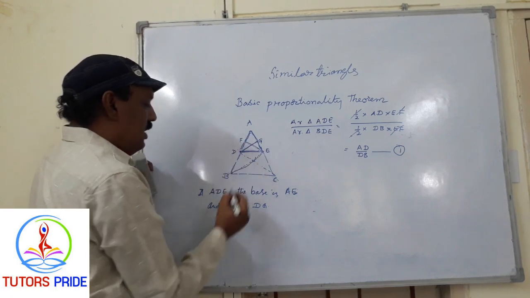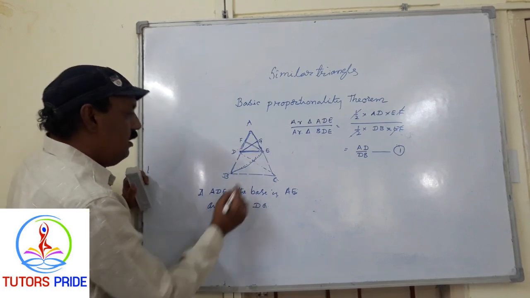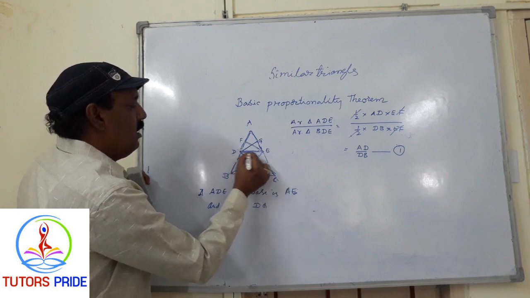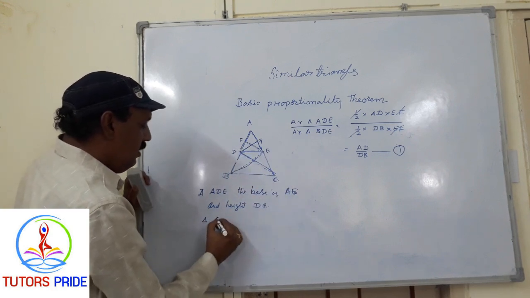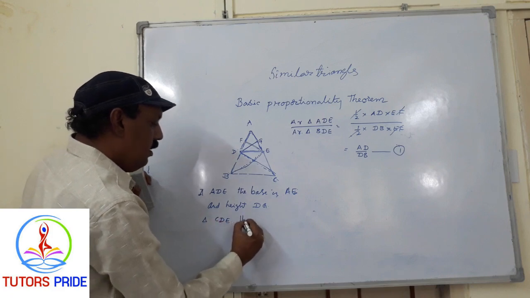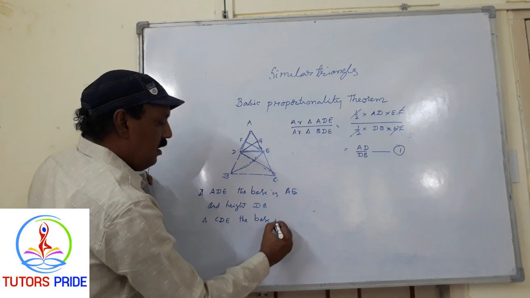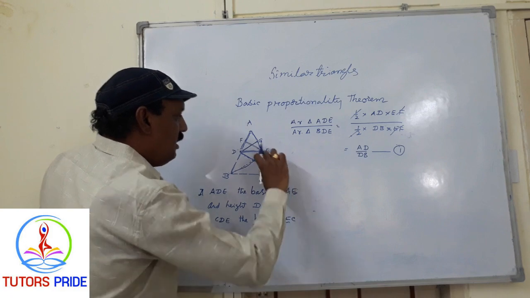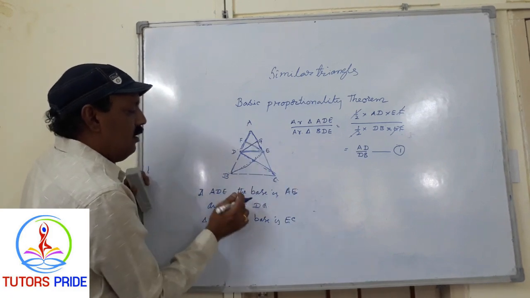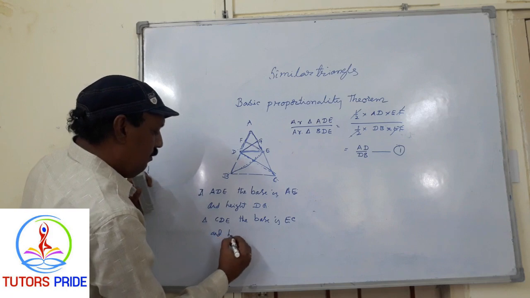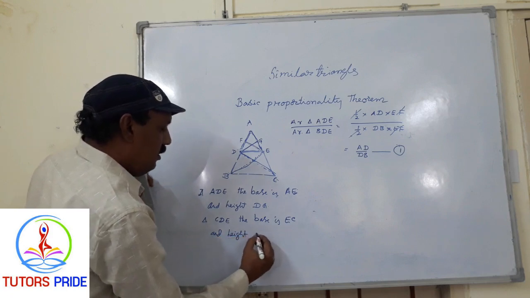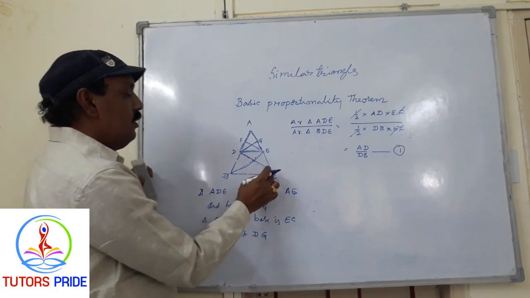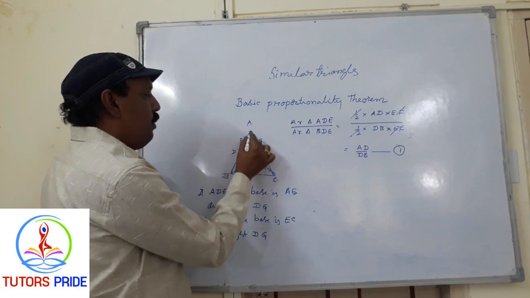And another triangle, on the side, is CDE. The base is EC, and the height is DG.